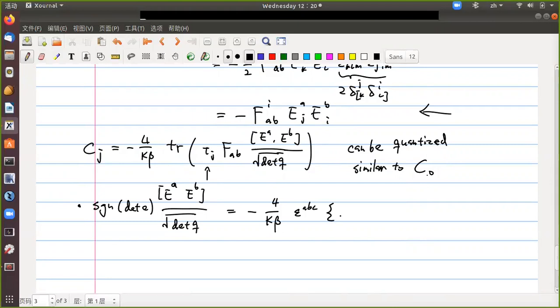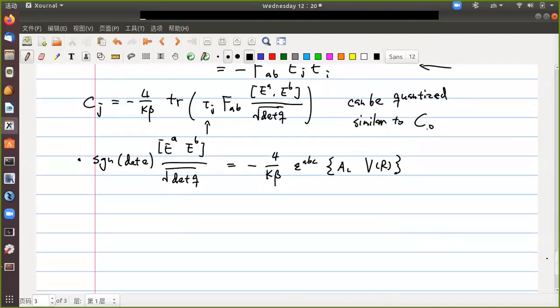Now this sign of E times C_j equals 16 theta squared and epsilon ABC.